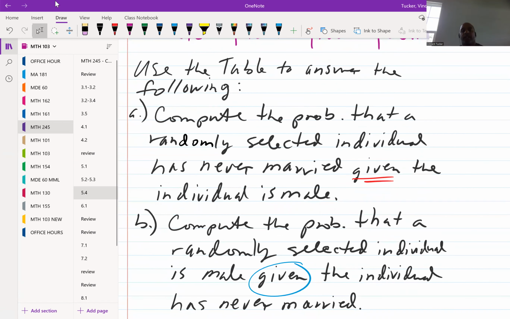All right. Then the next one, compute the probability that a randomly selected individual is male, given the individual has never married. So it's just basically flipping them and then showing you that the order does matter. So once again, give you a chance to write that down for those who are writing.